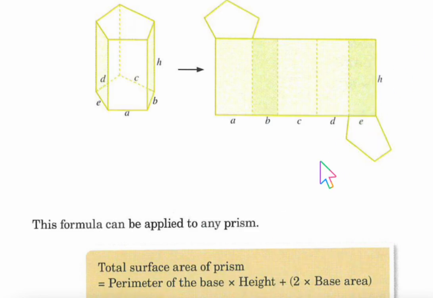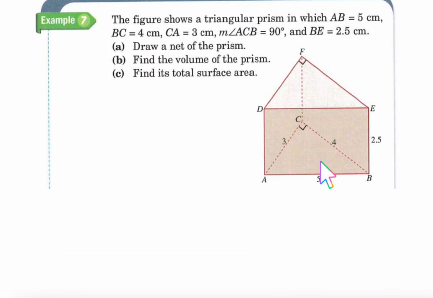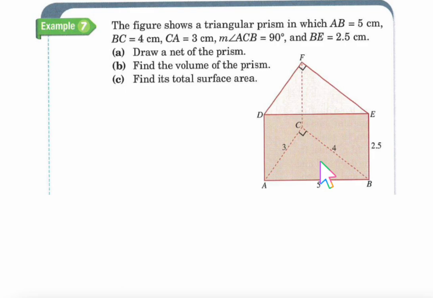Okay, so let's do some examples so we can get some practice. Example 7 from the book says, the figure shows a triangular prism in which AB is equal to 5 centimeters, BC is equal to 4 centimeters, and CA is equal to 3 centimeters. The measurement of angle ACB is 90 degrees. This is important right here. This is not just some random information.